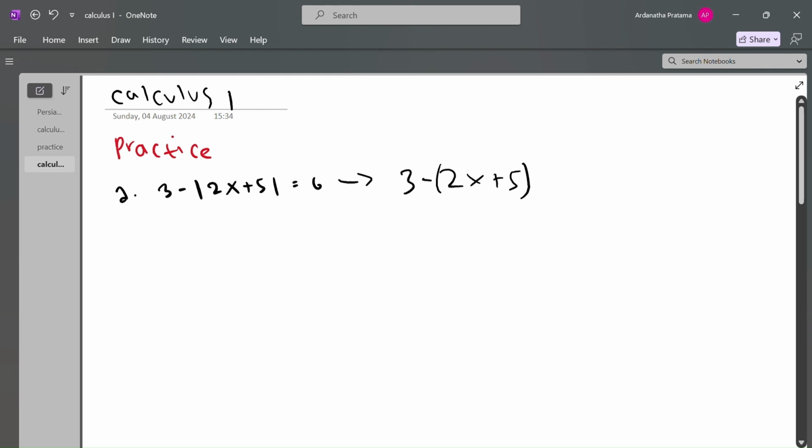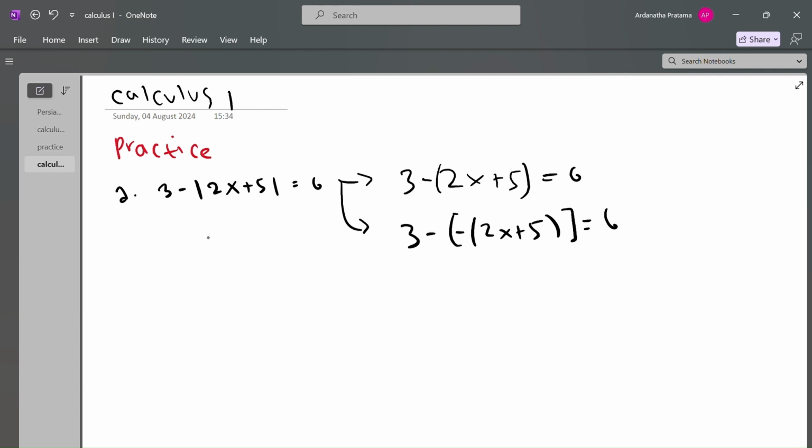This is the original form, I mean the positive, if 2x plus 5 is greater than or equal to 0. The second form is 3 minus, in parentheses we put a minus here, and in parentheses 2x plus 5, equals 6. This is according to the theory we learned in the previous video.